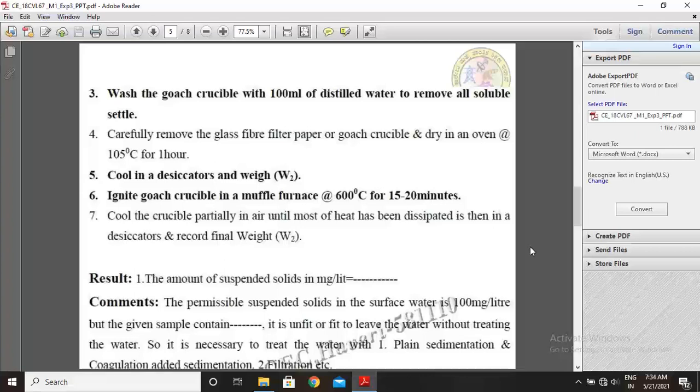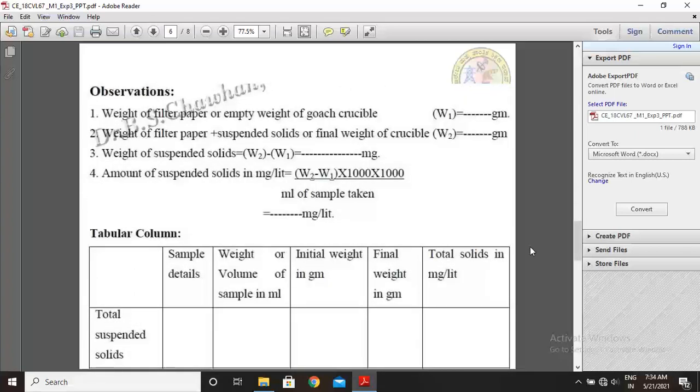Then these are the observations and tabular columns. Write the observations. Weight of filter paper or empty weight of gauge crucible, you take W1 in grams. Second observation, weight of filter paper plus suspended solids or final weight of crucible, that is W2 in grams.